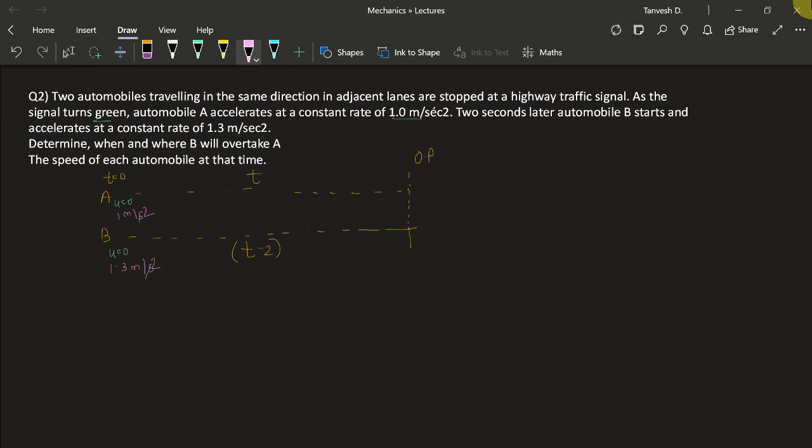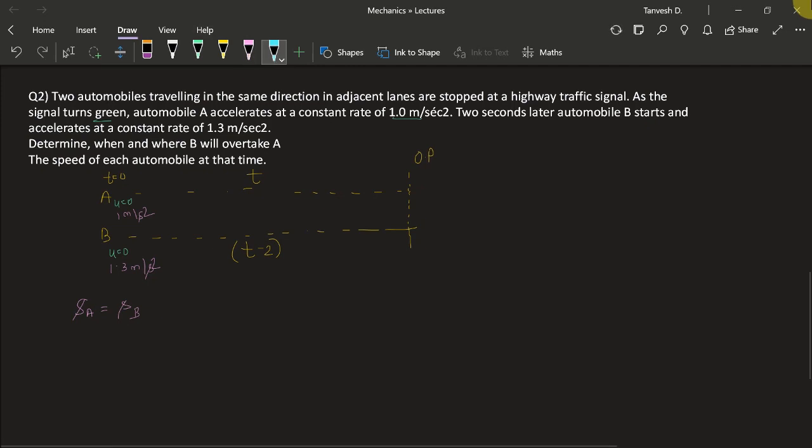Okay, now what is common in between them? The common thing is that both of them cover the same distance till this overtaking point, and after that B will obviously be overtaking A, so it will cover more distance than A, but till this point they are covering the same distance. So what we can say is that SA is equal to SB, right?